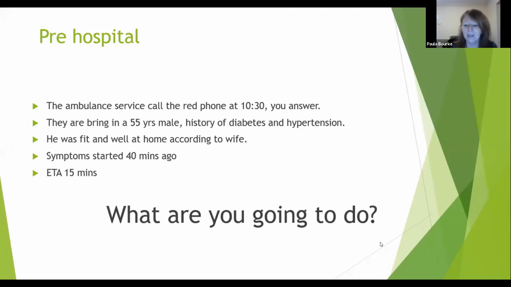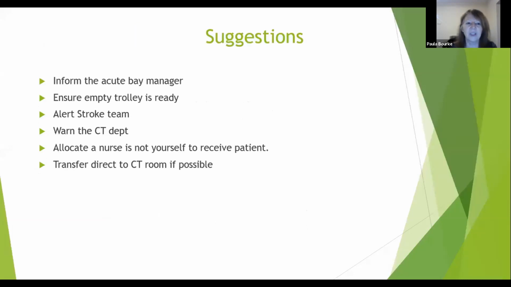Yeah. So let's think. These are just some suggestions I would think of quickly. I'd inform the acute bay manager, because depending on how your ED is set up, you want a bed or a trolley ready with all the equipment on it, ready to go as soon as this ambulance arrives.